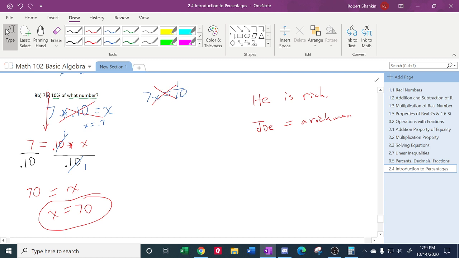My first instinct was to subtract the 0.10 to combine it to the 7. But I'm just wondering, what's a way you can remember that you have to divide it? Is it because you're multiplying it by the x? Yes, that is the total reason why we have to divide it.